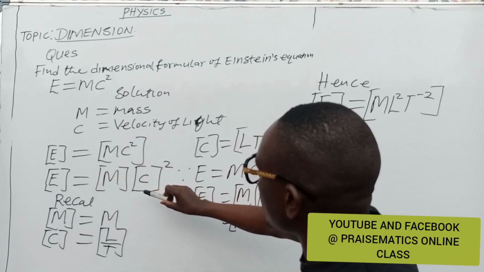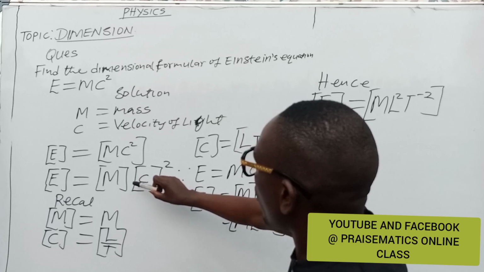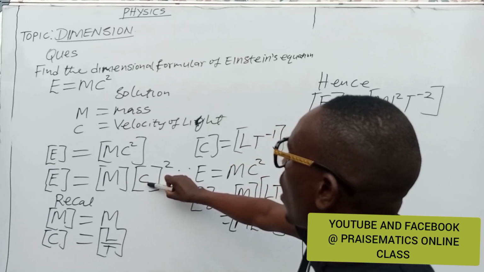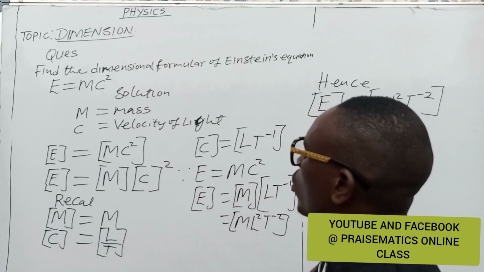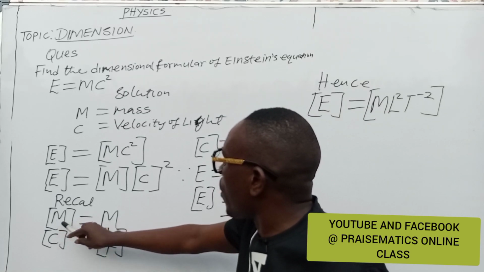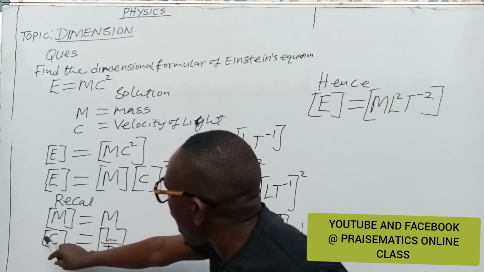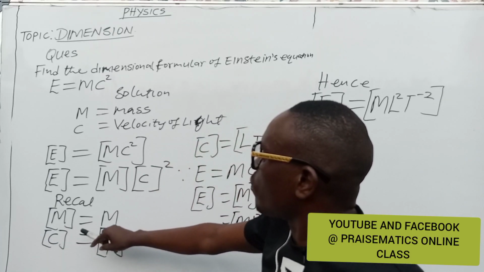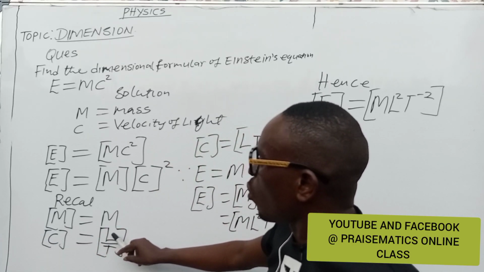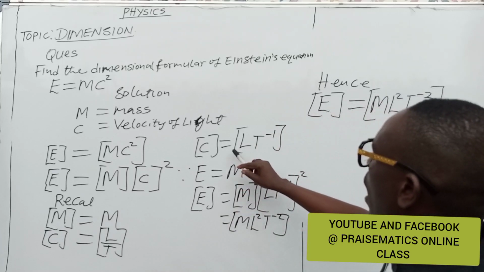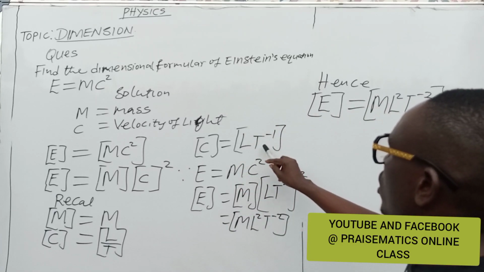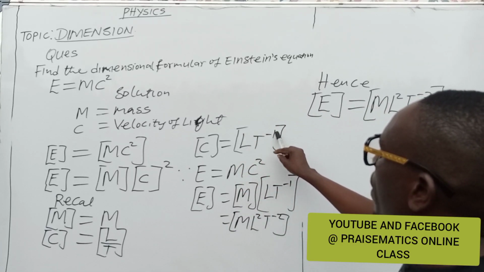When we split it, we have the dimension of mass multiplied by the dimension of velocity squared. Always recall that the dimension of mass is M, capital letter, and the dimension of the speed of light, which is velocity, is length over T. By the law of indices, you can change it to L T raised to power minus 1.